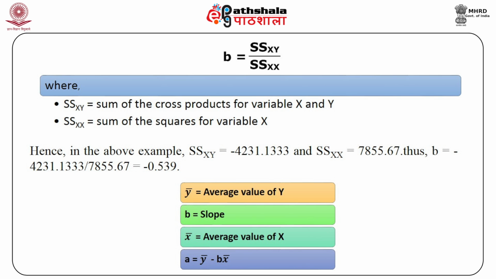So, b or the slope becomes -0.539. The intercept of the least squared line is represented by the equation a equals y bar minus b x bar, where y bar is the average value of y, b is the slope and x bar is the average value of x.